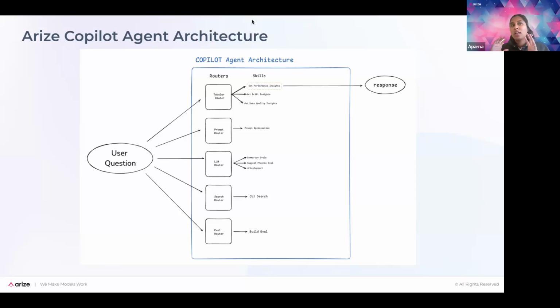And so one of the advantages of breaking it up so that there are multiple specialized routers is that you limit the surface area of skills that it has to choose between. So instead of choosing one out of 30, you're choosing between one out of potentially three or five. And so you're giving it better odds to pick the right skill.